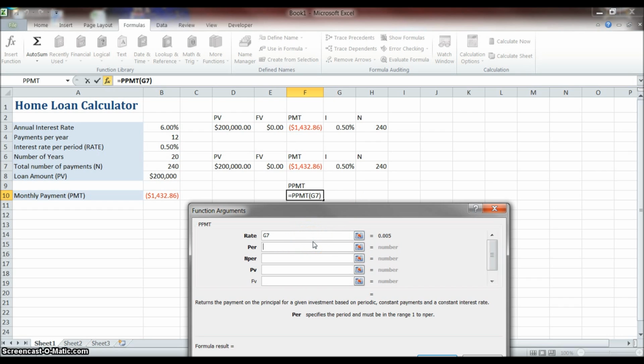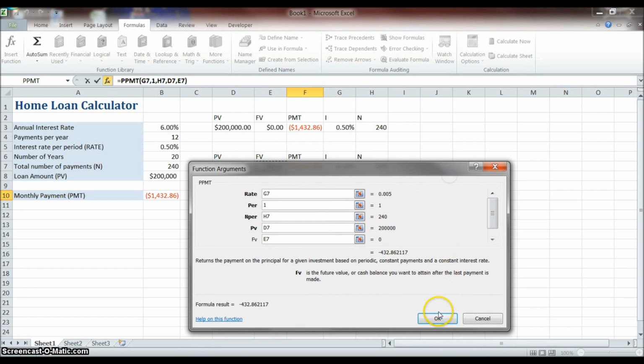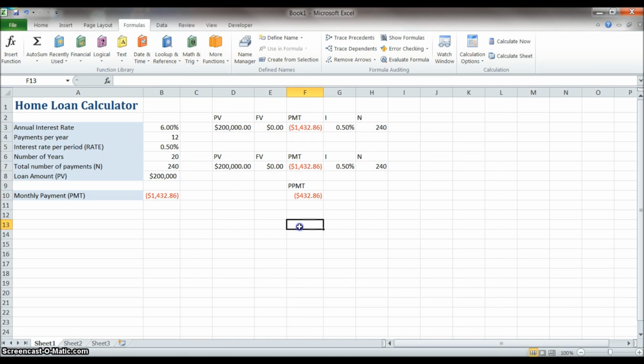There are 240 periods, so let's say we're looking at the middle period. Actually, let's look at the first one, the first period of the 240. And the present value we're going to put in right there, and the future value is $0. Okay. So we're going to hit OK. So look at that. Only $432 of our first payment is actually going towards paying off the principal.